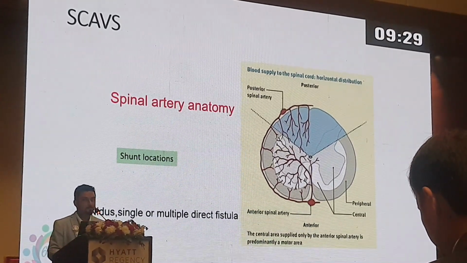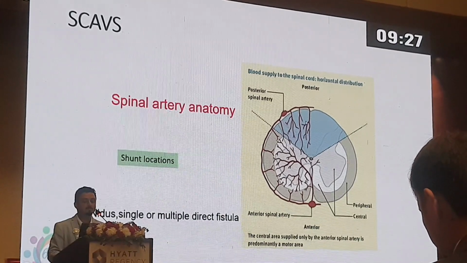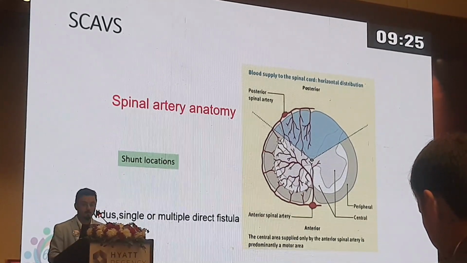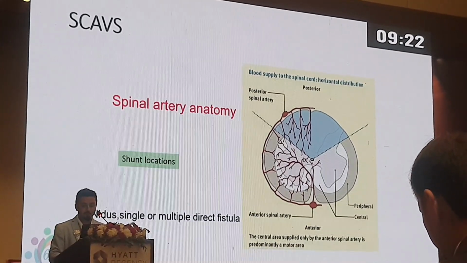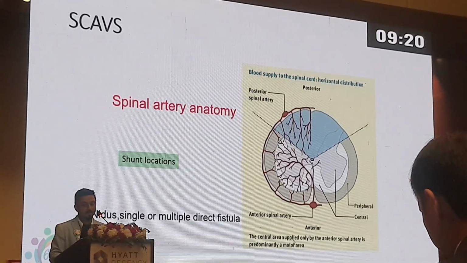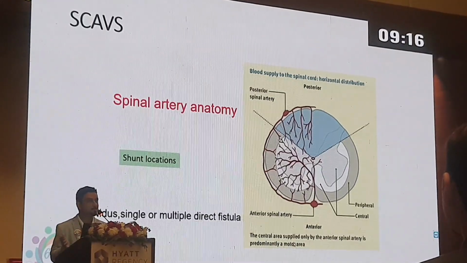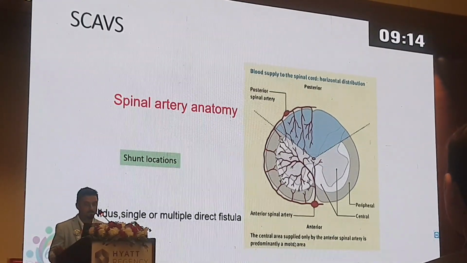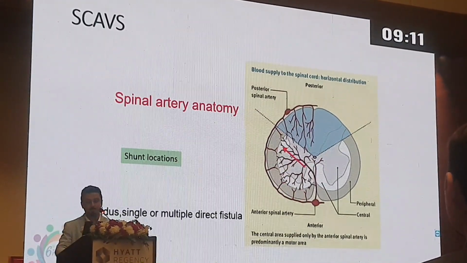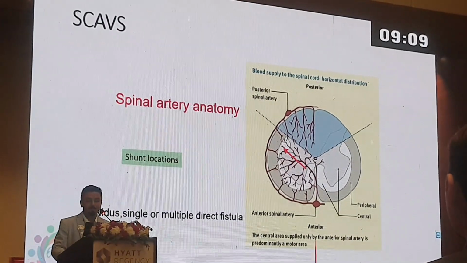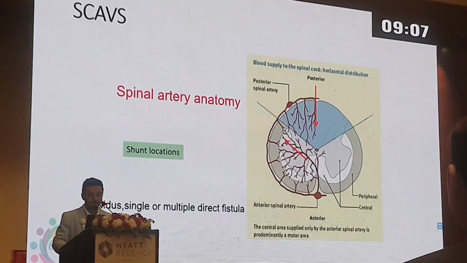But actually, the anterior spinal artery supplies the central third. We have to keep this in mind because the central area supplied by the anterior spinal artery is predominantly motor area and explains the symptoms of our patients. So this is the area of the anterior spinal artery and of the posterior spinal arteries.